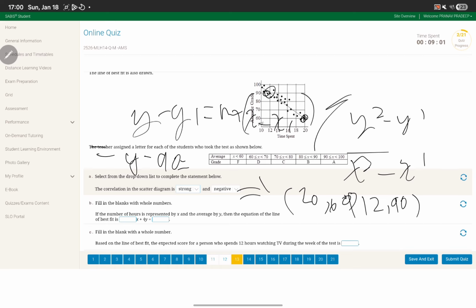If you do the calculation, you're going to get negative 15 over 4, because basically you have to do 60 minus 90 over 20 minus 12, right? Yeah, that's basically it.